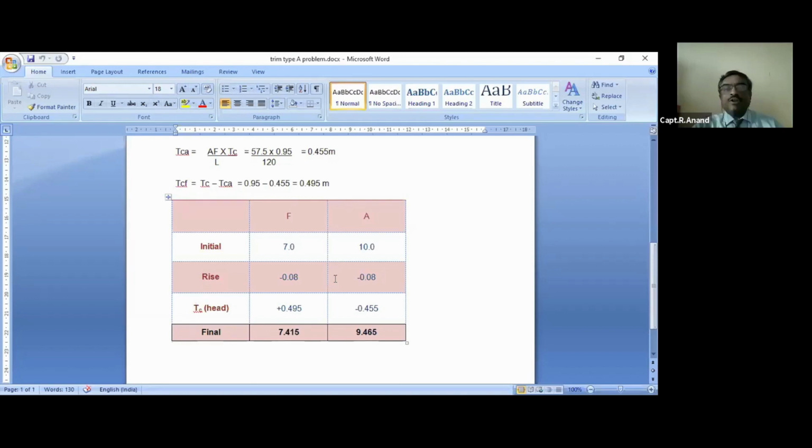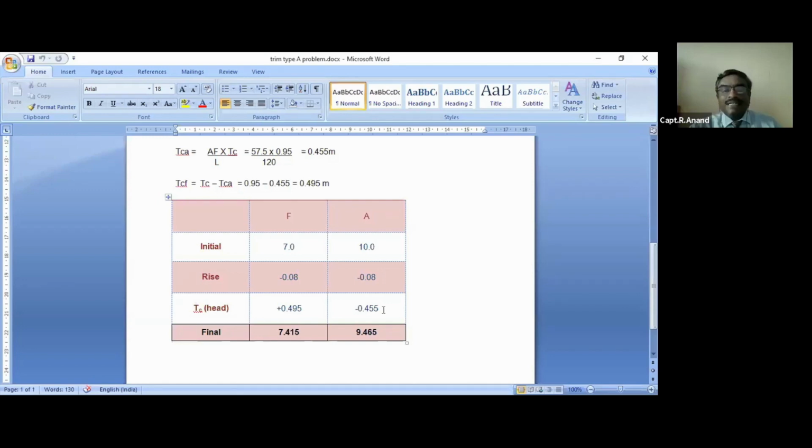The trim change we have calculated, trim change aft was 0.455 and trim change forward was 0.495. Just look at this sign, why I have put it here. Because I was discharging some weight from aft of fulcrum, the trim change was by head. So your forward draft is going to increase, aft draft is going to decrease.